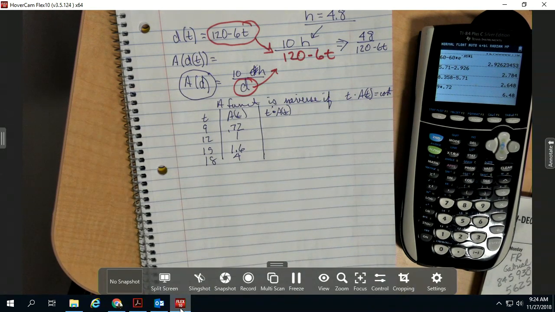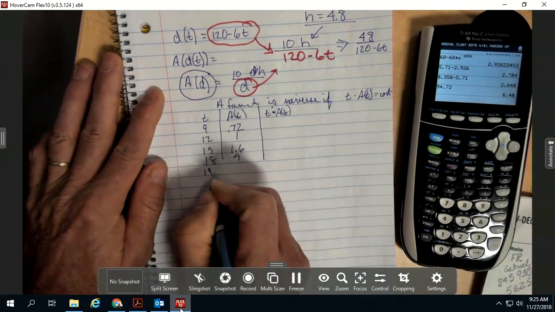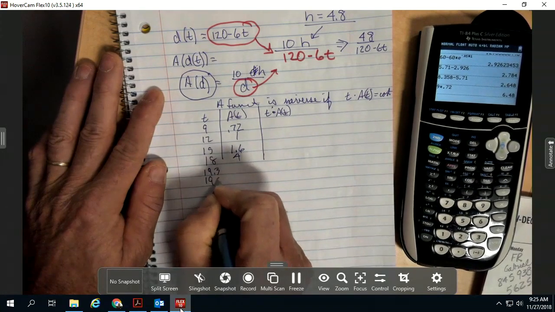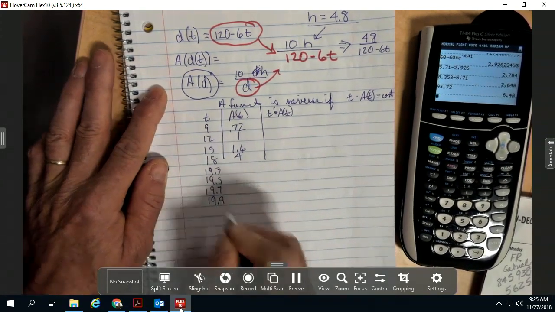Okay. Then it says for number 5, now let's get closer and closer to 19 and see what we get. So they start out at 19.1, 19.3, 19.5, 19.7, 19.9.